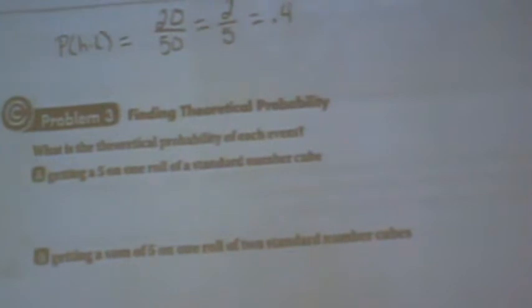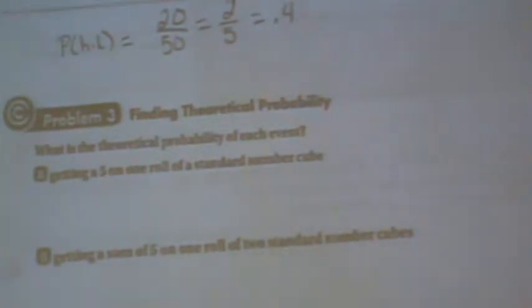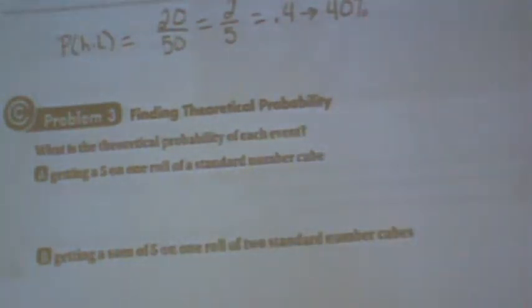And again, you can reduce this so that it's 2/5, or you can get a decimal, which would be 0.4. And again, you can make that into a percent by moving the decimal twice or multiplying by 100, and you get 40%.